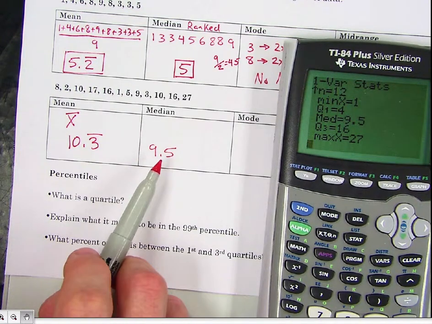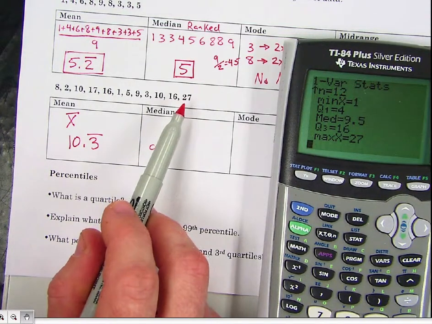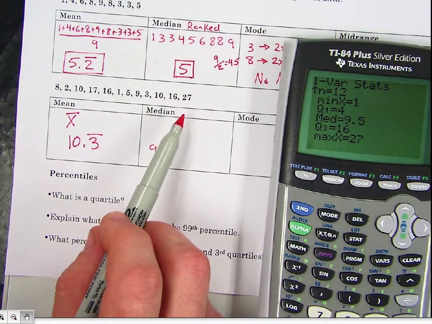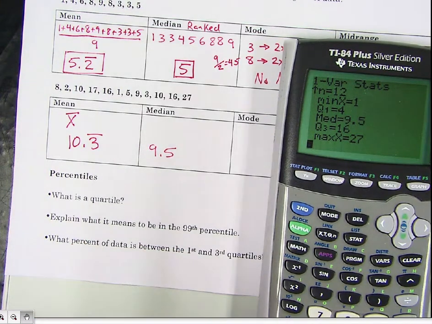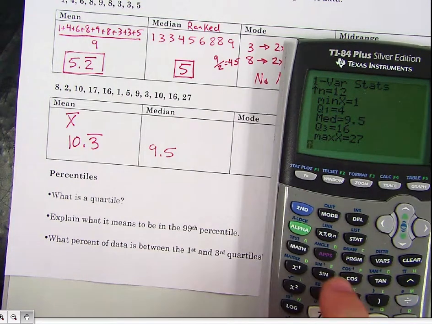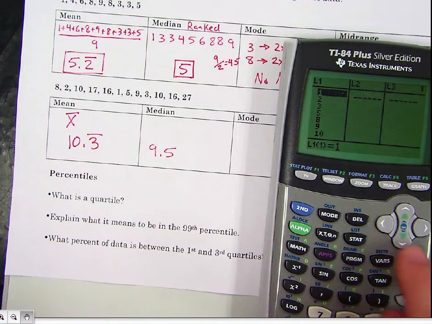Okay. Now is 9.5 an actual piece of data here? No, it's not. Because there were an even number of pieces of data, 12, if we do 12 divided by 2, we get 6. So that means 6 pieces of data need to be on either side. So how's that going to work? Let's go back to our stats here, and let's look at our list.